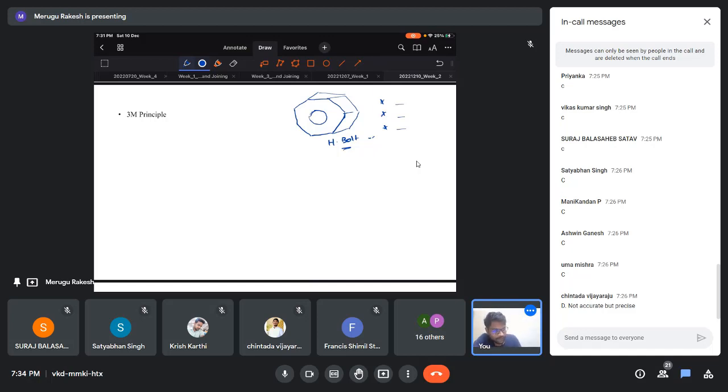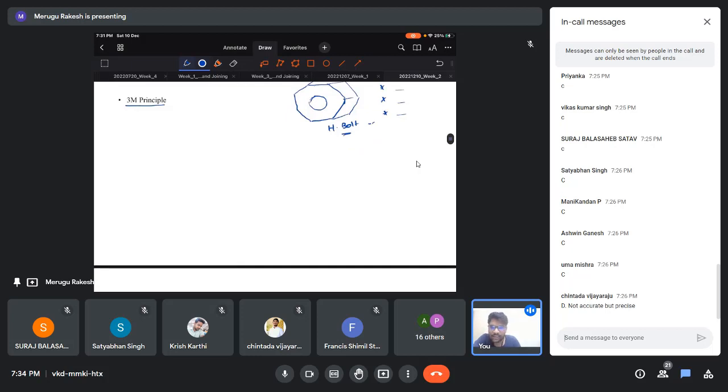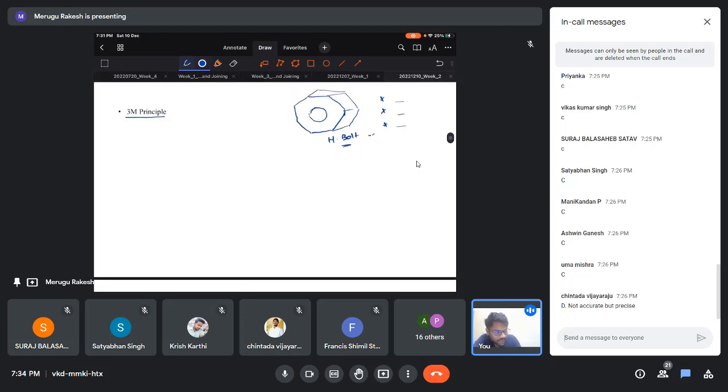Okay, so this is like the 3M principle, you can say. As also said by one of the students, let us start with the material. We cannot produce 100% homogeneous material.